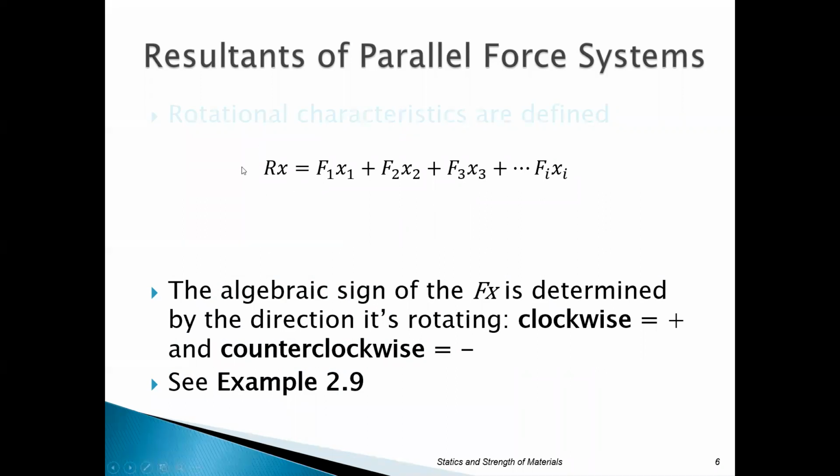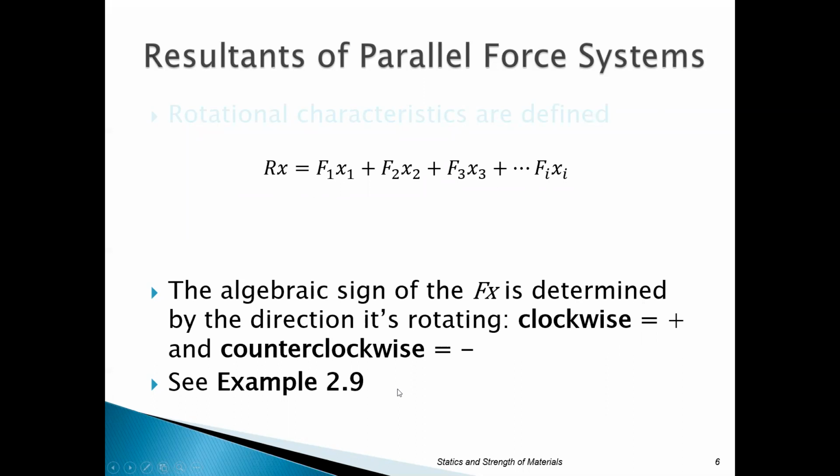Okay. And again, the algebraic sign of this side has to be equal to the algebraic sign on this side. So if this moment total here is positive, then this moment has to be positive. And if that's negative, that also has to be negative. So we're also going to typically define clockwise as positive and counterclockwise as negative.